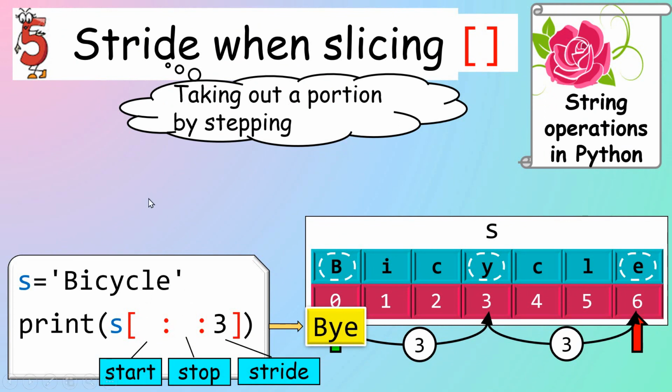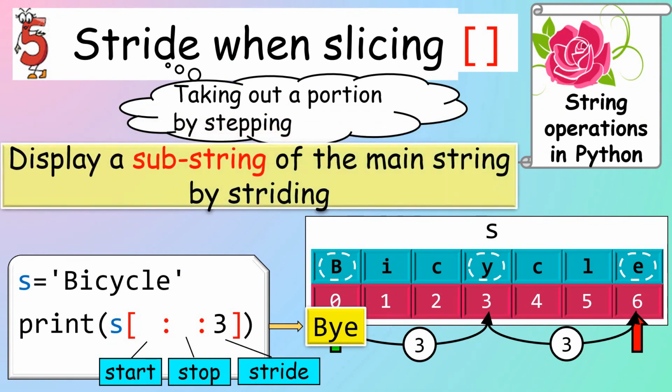So what is the meaning of stride when slicing? This operation is used to display a substring of the main string by striding. Striding means jumping or stepping. So in this example, what you saw now, we are striding in the forward direction.